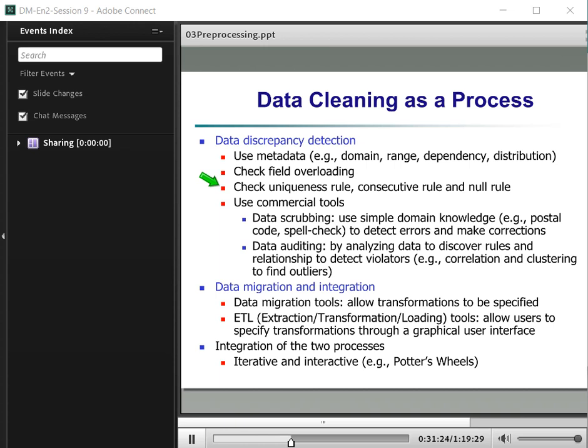Sometimes we can use some commercial tools, for example, data scrubbing or data auditing tools, to analyze data, to find domains of those data, to find errors, to find some relations, to correct data. Data auditing tools are very useful in this case because they try to find different relations between different values.